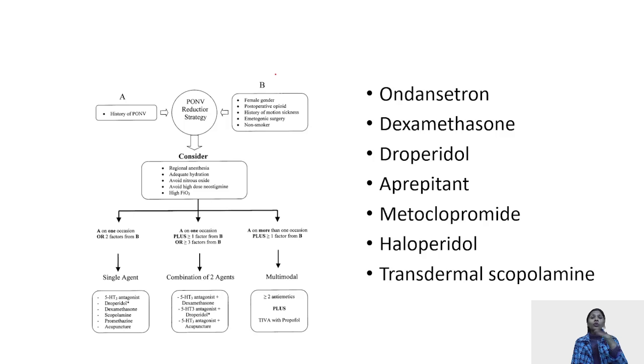So if out of these risk factors, one or more risk factors is present, then we can have only a single agent to be used. You can use 5-HT3 antagonists like ondansetron. We can have droperidol, dexamethasone.